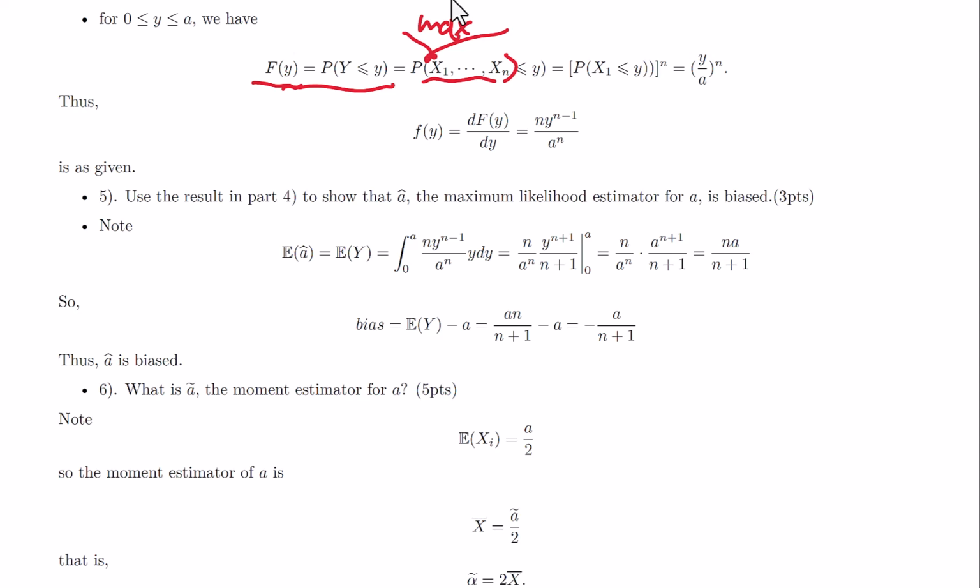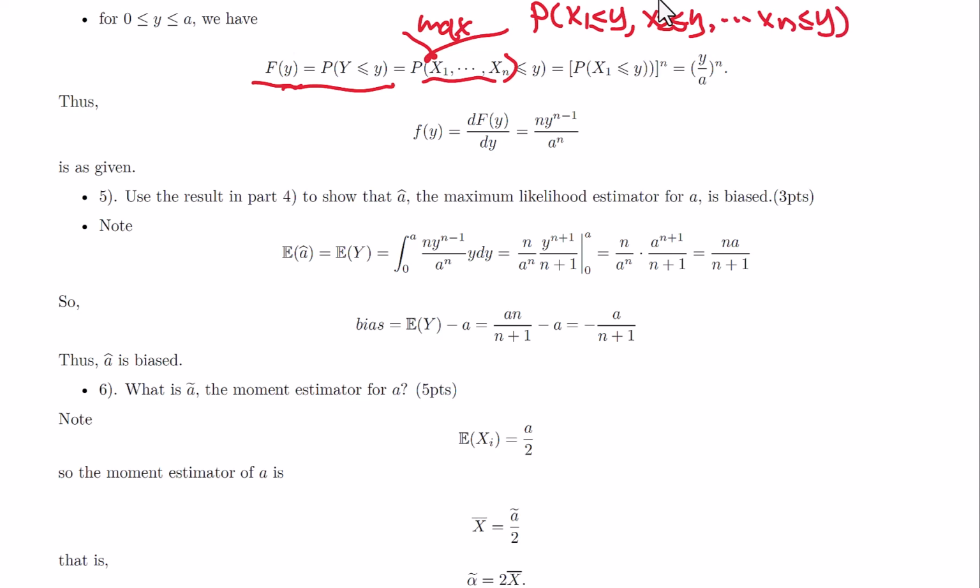That's why we have the multiplication. This is kind of a joint probability problem, because each of X1 through Xn is going to be less than y.